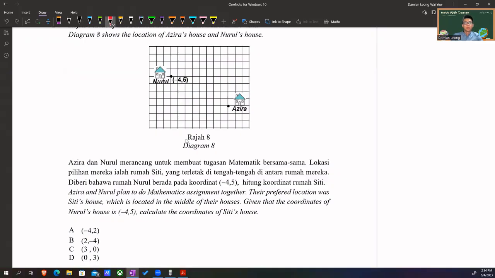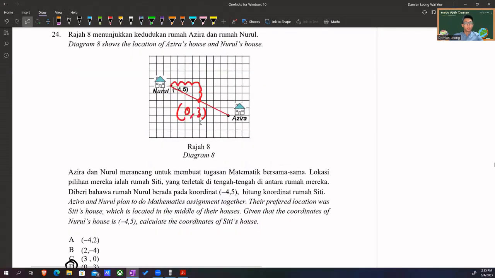Right in the middle of them is Siti's house. If I draw a straight line like this, right in the middle will be here, which means I go 1, 2, 3, 4 to the right, 1, 2 down. So plus 4 on the x, minus 2 on the y. So it would be 0, 3. Answer would be D.